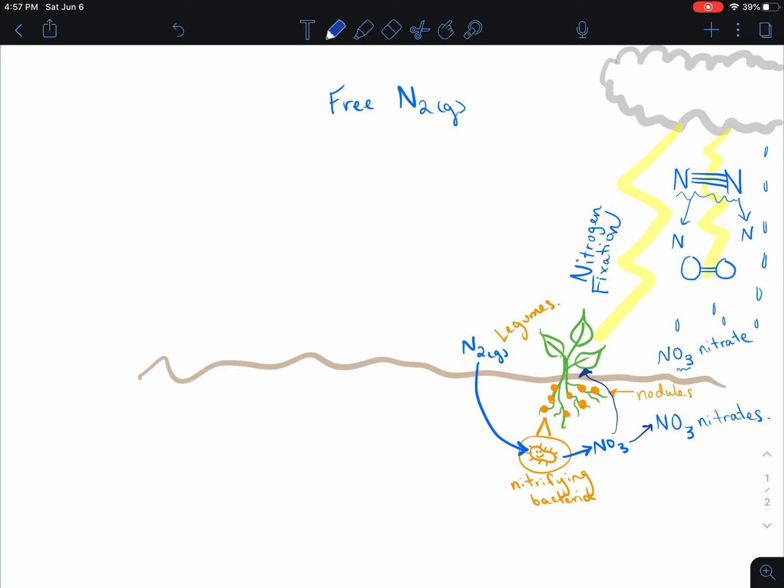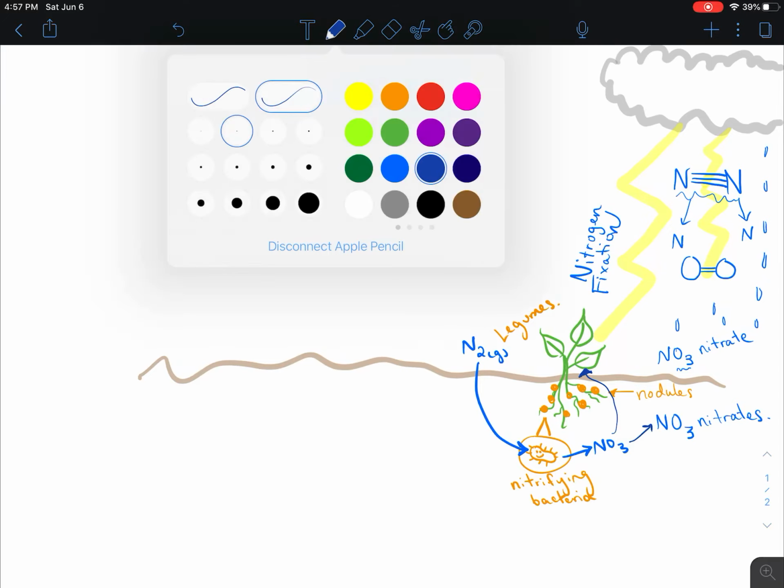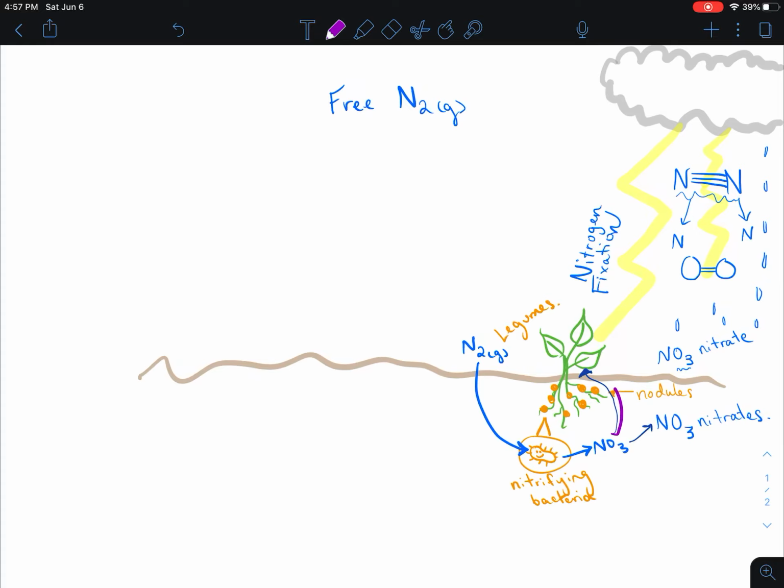Now we have nitrate in the soil, and so it's going to be assimilated into any of the plants that are there. And I'm just going to use a different color for assimilation. So we're taking that nitrogen up. It gets assimilated into the plant. Let's take some of these nitrates and put them into a bigger plant too, just because I'm going to run out of room here.